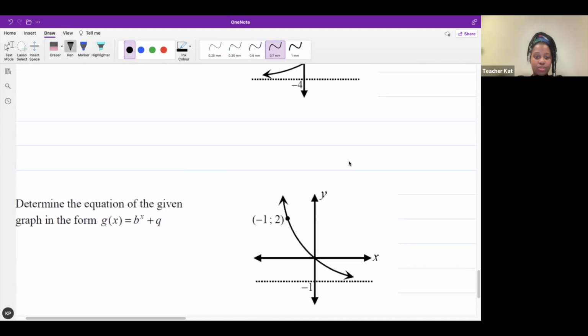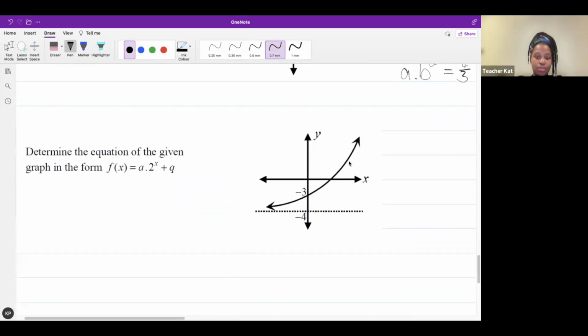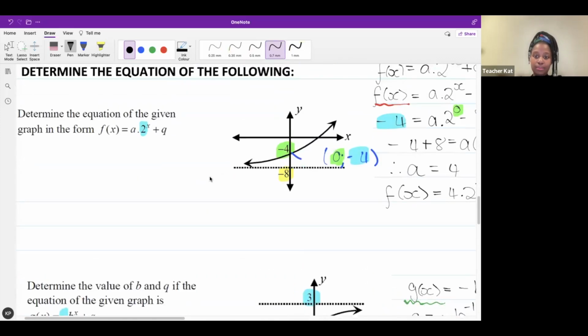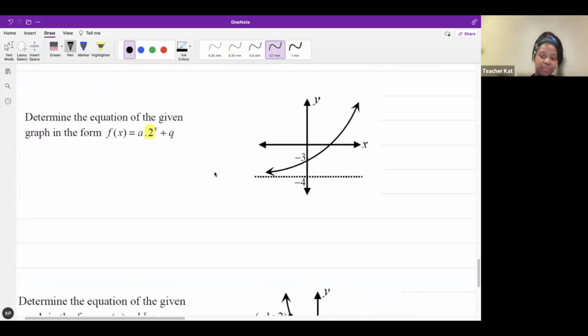And now we're back to not so bad. Okay, let's do this one. This time, once again, they have already given us b.